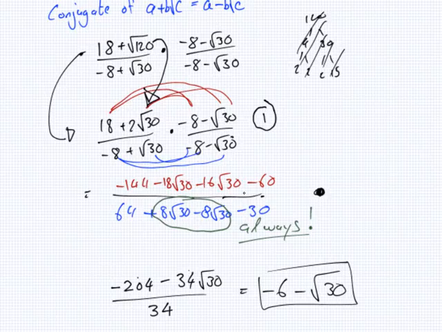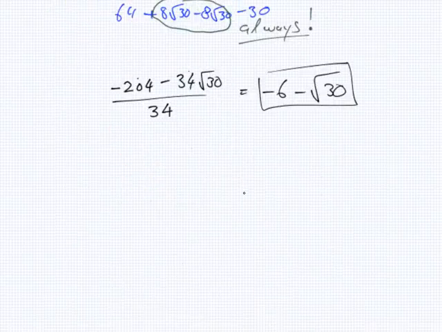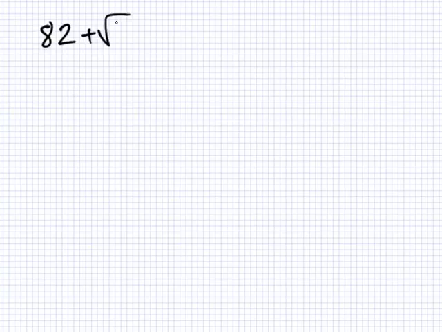Okay, let me give you one like this to practice, and then I'll let you know what the homework is. Can I scroll down? Yeah. Okay, so try this one for me. We'll say 82 plus root 14 over 4 plus root 14.